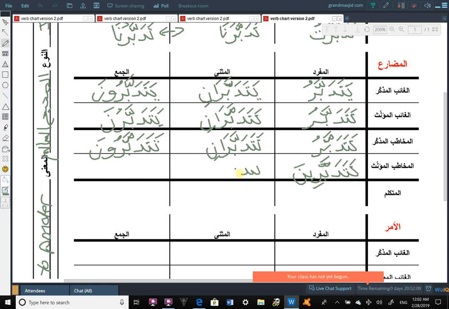Tatadabbarani. Tatadabbarna, we add the noon al-niswa. Atadabbaru. Natadabbaru. And these are the same.